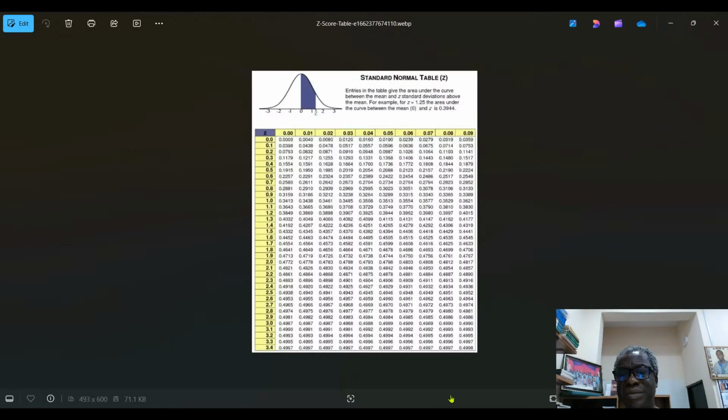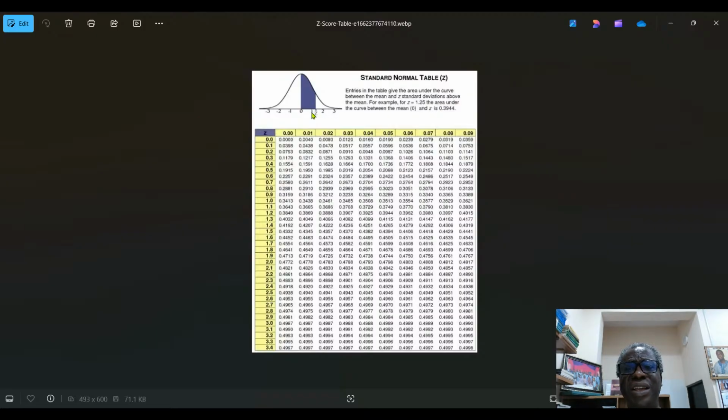So this is a typical Z table, a standard normal table which you can use to read the value of Z. For a standardized distribution, the mean will be equal to 0, and the values here have been standardized.